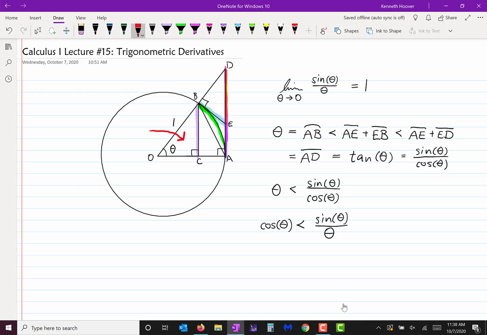And I can say, one second. Okay, I can say sine of theta equals, what is sine? Opposite over hypotenuse.